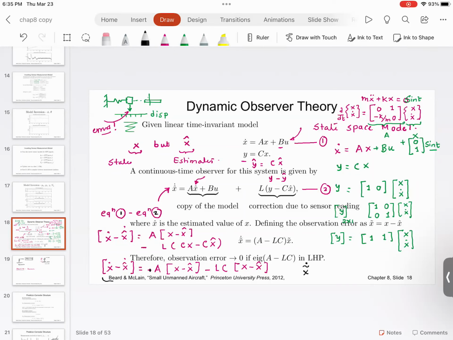I'm going to call this guy x tilde, and x tilde is different from x hat. So x tilde dot is equal to (A minus LC) x tilde. Are you with me so far?